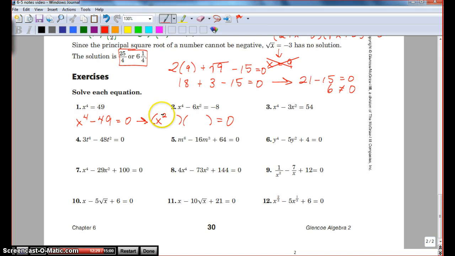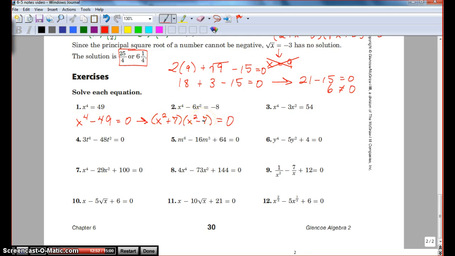But as it turns out, in our factoring, I can rewrite x to the 4th, break it down as x squared and x squared. I can take, of course, 49 and write that as 7 times 7. And because it is actually the difference of 2 perfect squares, of course, this again being a squared squared term, it becomes plus and minus.